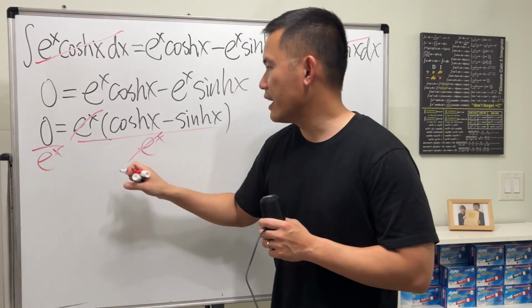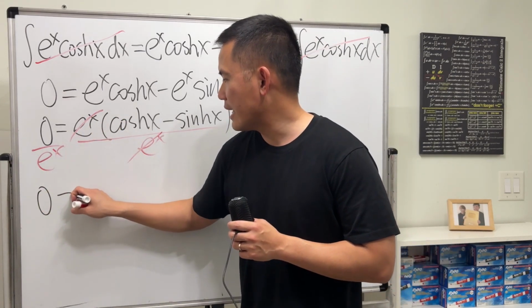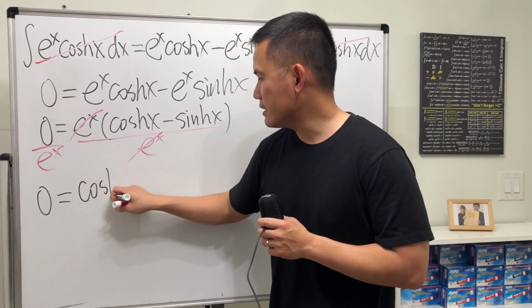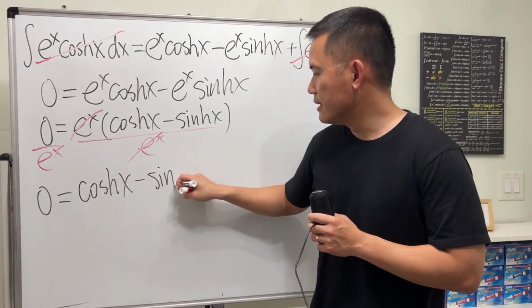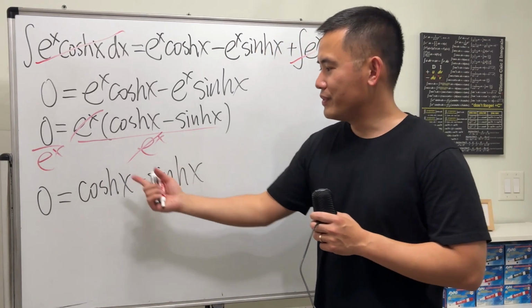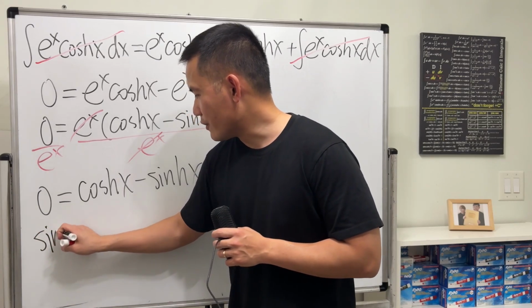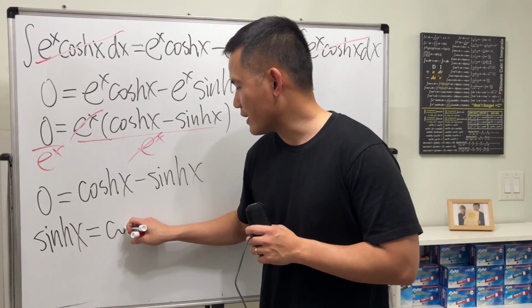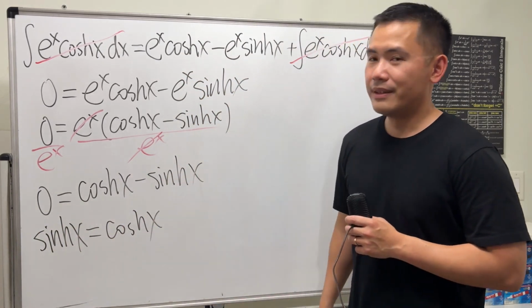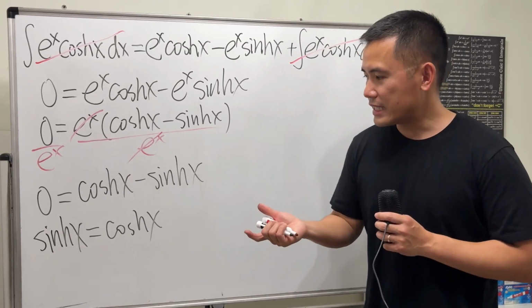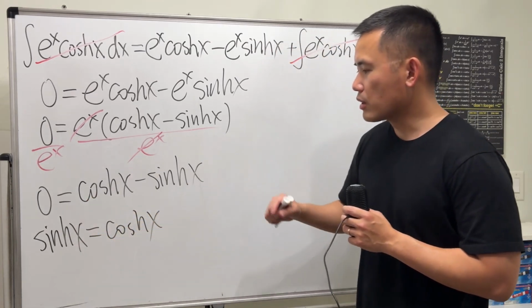So that's legit, and then we'll just get 0 here, and that means we have cosh of x minus sinh of x. Move this to the other side, so that means sinh of x has to be cosh of x. Now, we are going to use the exponential form for sinh of x and also cosh of x.